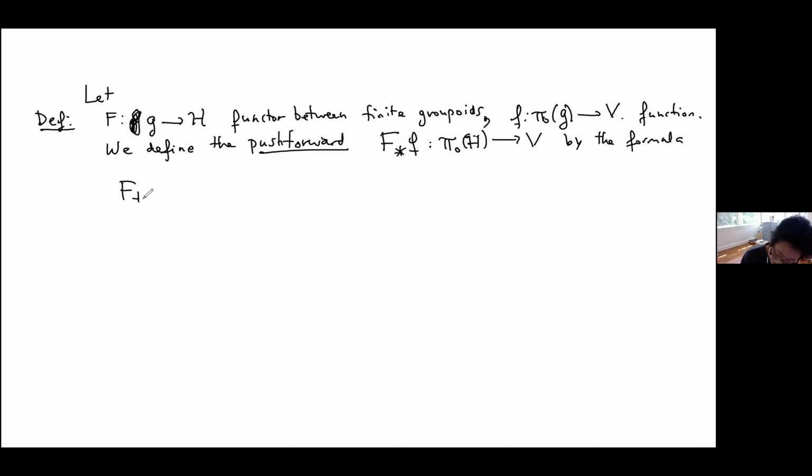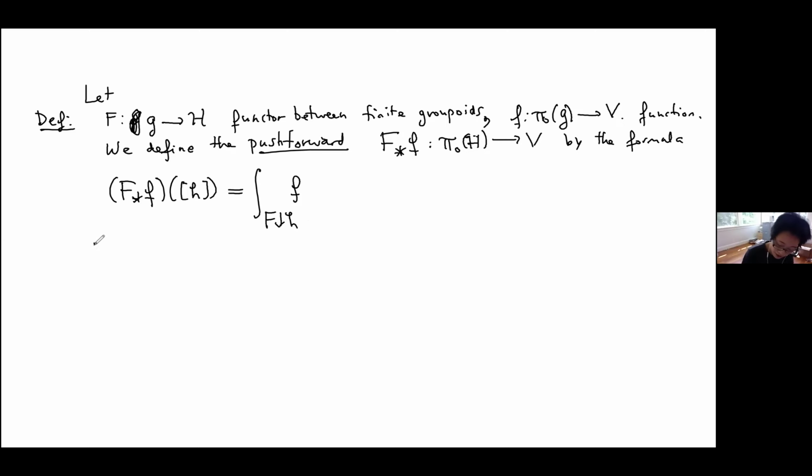So I have to tell you what F lower star of f is. If you feed it an isomorphism class in H, then it spits out the orbifold summation of f over the comma category F over H.